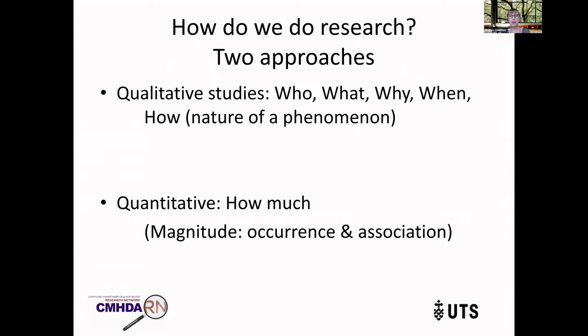It's interested in frequency or occurrence, how many things happen, or the association between two factors, or in fact multiple factors. Now, they're not mutually exclusive. They can come together and they exist on a continuum. And this is really important to note, because one definition of qualitative research is not necessarily all definitions of qualitative research.